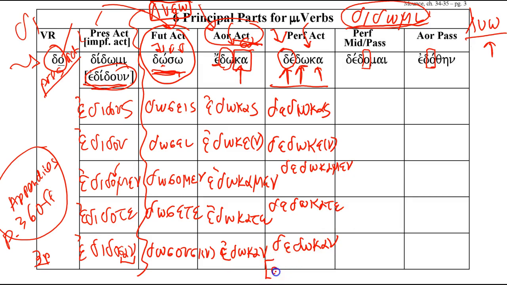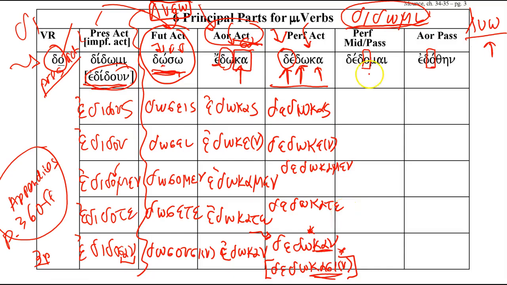Now, yes, the form dedokasin does exist. I don't think it shows up in the New Testament, though it does show up in secular discourse. But if you go all the way back to chapter 25 in Mounce, he does explain that the two ways to do the third person plural for the perfect tense are kan or kasin. For the luo verbs, kasin is more frequent, and then for the mi verbs, kan is the form that is preferred.